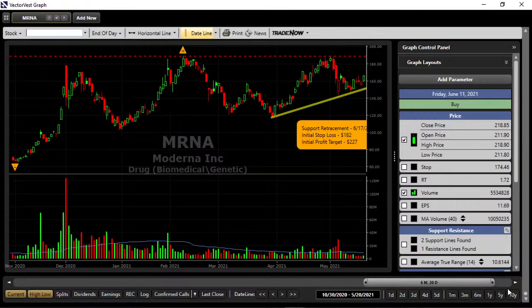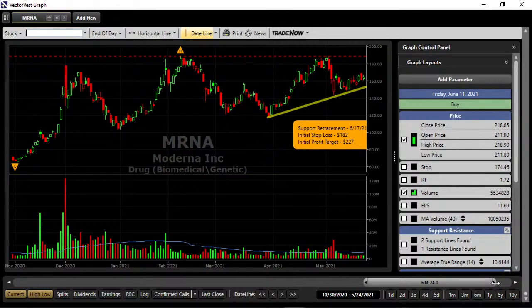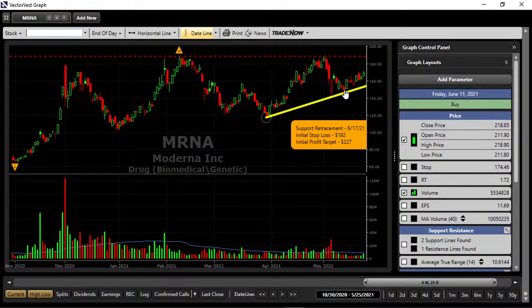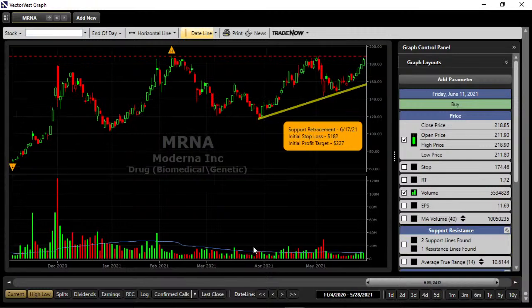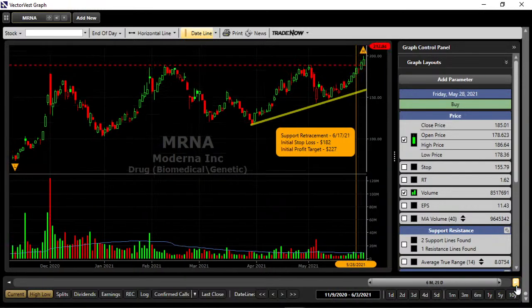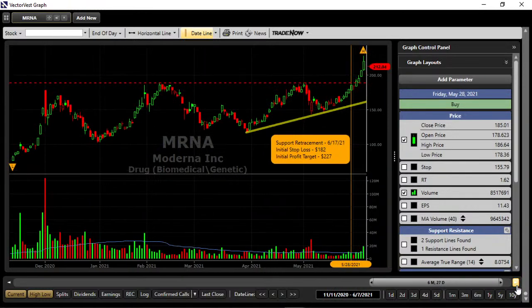Okay, so if we play this out moving forward, price rises and rallies off of another higher low, that's another one, right? And it approaches resistance again. This hard right edge here was May 28th. I missed the breakout.